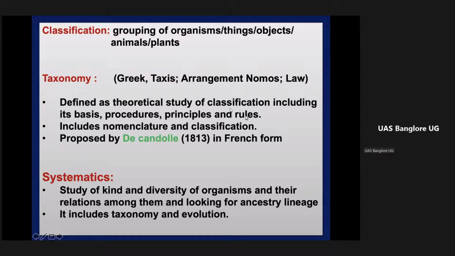Principles and rules. For example, suppose we want to name a species of insects after Adarsh, it will be Helicoverpa adarshai. That is how we name. Suppose somebody, for example, Gavi Sidesh, is from Belgaum. We presume that.